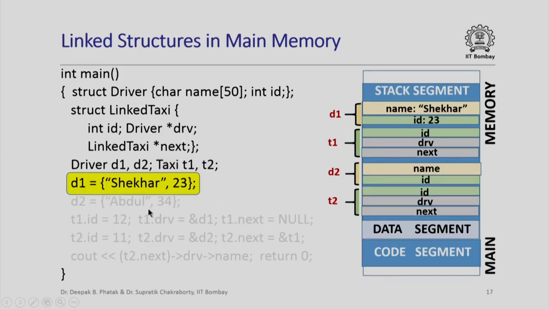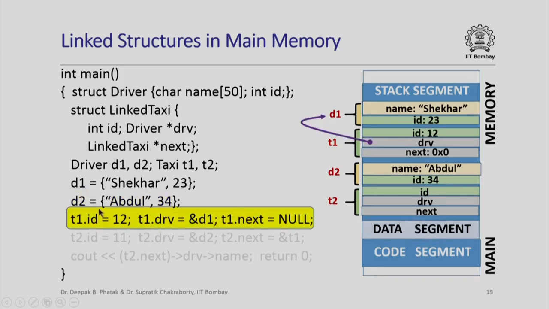Now suppose I execute this assignment statement, D1 is assigned Shekhar, 23. Then in the space allocated for D1, the string Shekhar will be copied in the space for the member named name, and 23 will be copied in the space allocated for the member named ID. The assignment statement D2 is assigned Abdul, 34 will result in similar copying of the strings Abdul and 34 in the spaces allocated for the respective members of the variable D2.